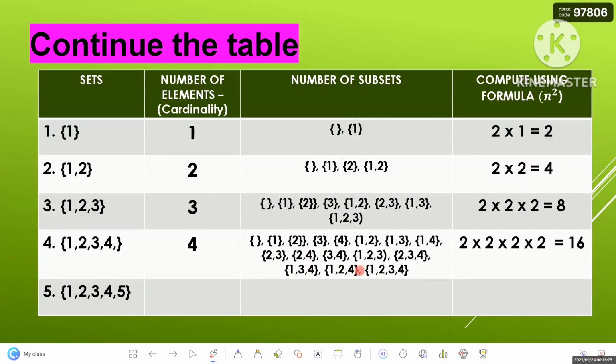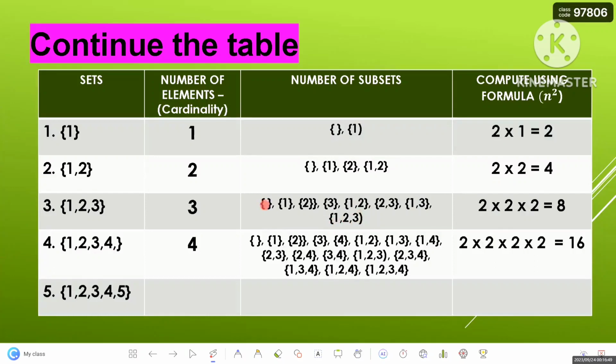Next, number 3. Set of 1, 2, and 3. Ilan yung elements nito? We have 1, 2, 3. So, 3 elements. Bilangin natin. So, we have 1 empty set, single, 1, 2, and 3. Double, 1 and 2, 2 and 3, 1 and 3. And triple, we have 1, 2, and 3. Isa lang.